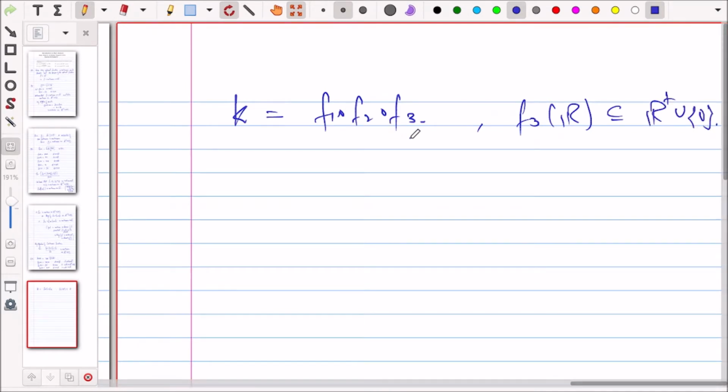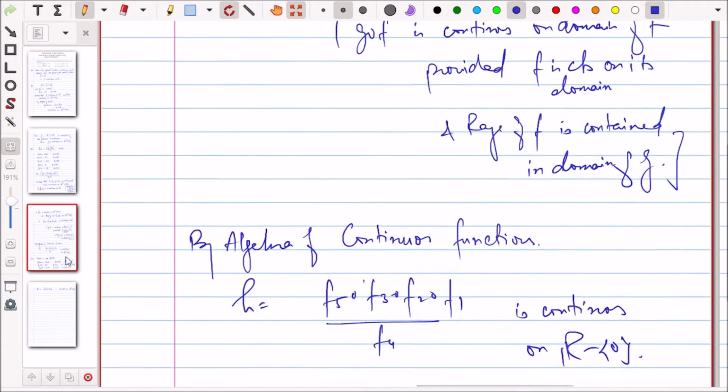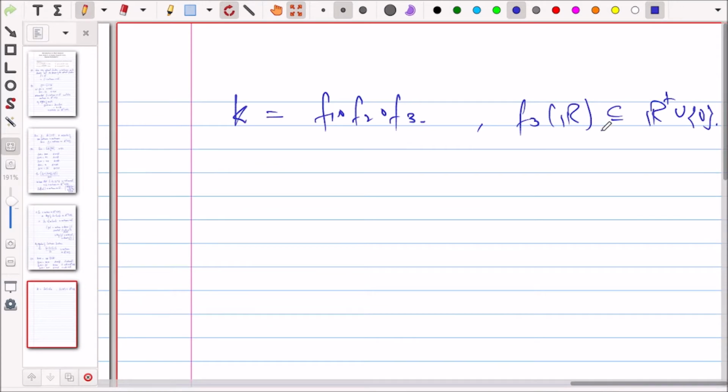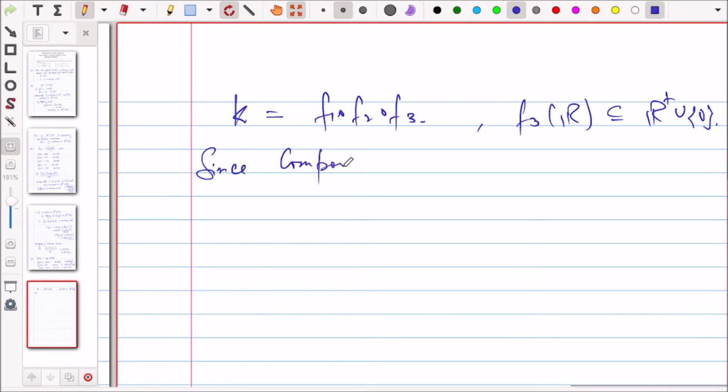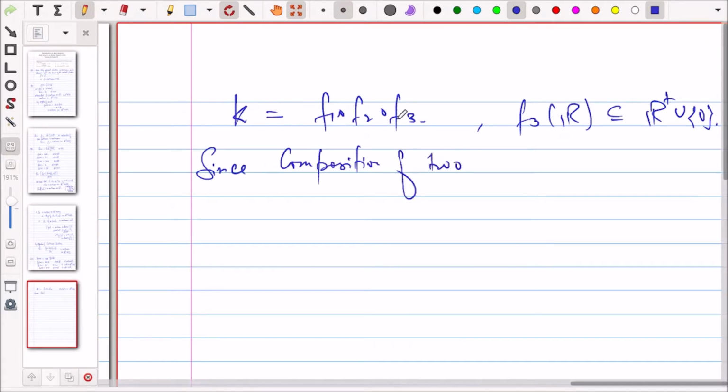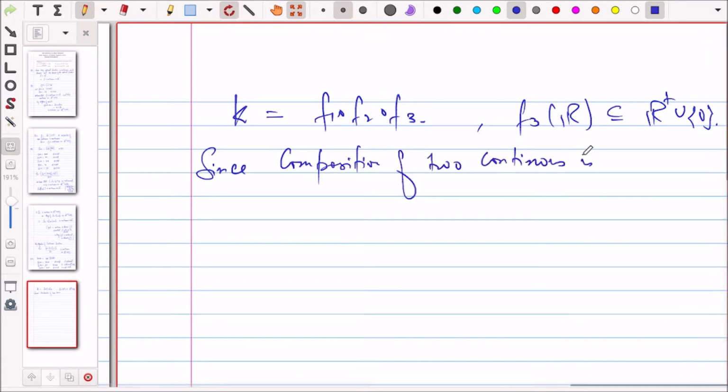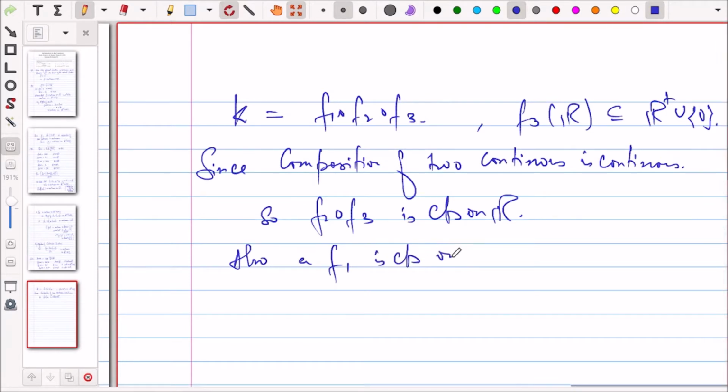And the range of f2 of f3 is obviously, because its domain is full R, so since composition of two continuous functions is continuous, f2 of f3 is continuous on R also, as f1 is continuous on R. So this implies k, which is equal to f1 of f2 of f3, is continuous on R.